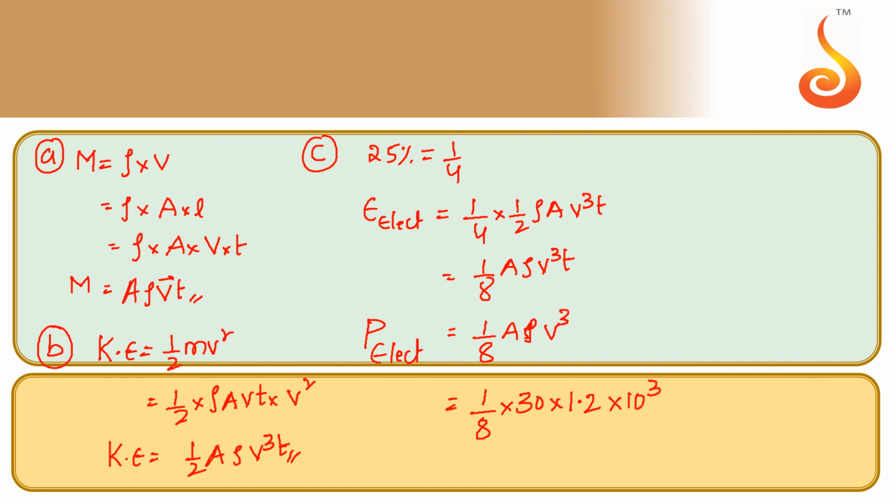By simplifying, what we get, electrical power will be 4.5 kilowatt.